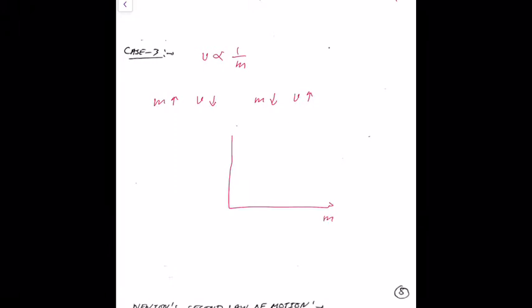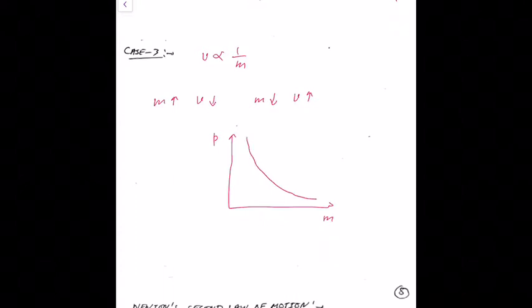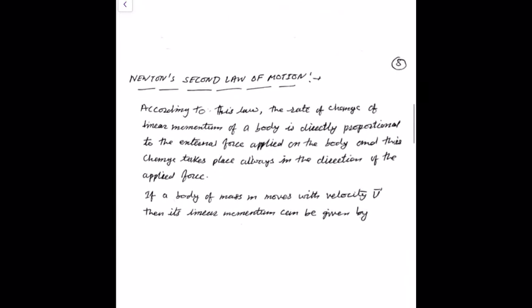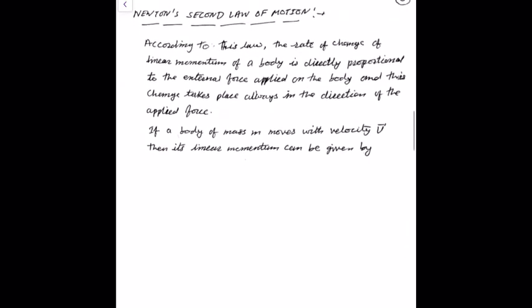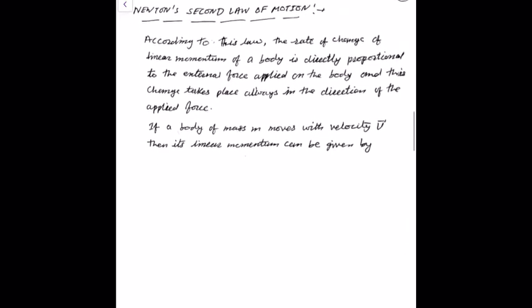We can represent this graphically. Here it is m, here it is p. So the graph is exponential, here p is constant. Clear? Okay.